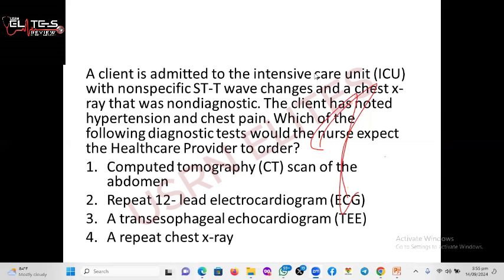Okay. So this question is asking what diagnostic investigation you need to do for an aneurysm. We'll learn together.